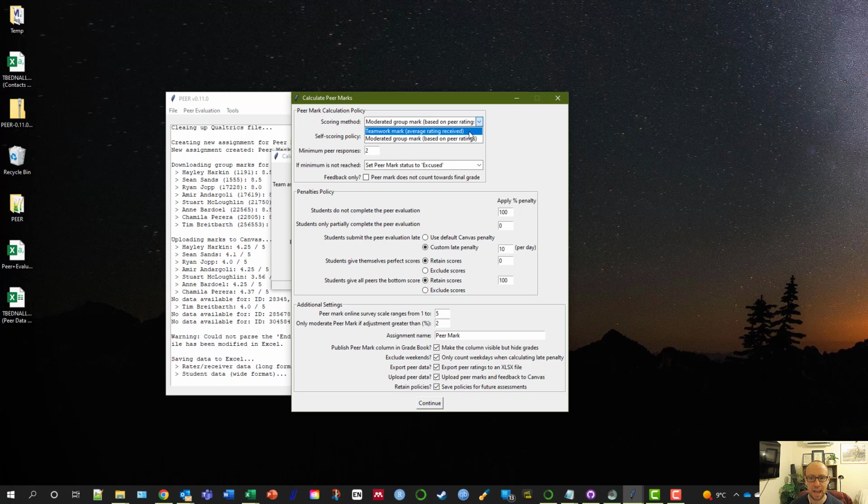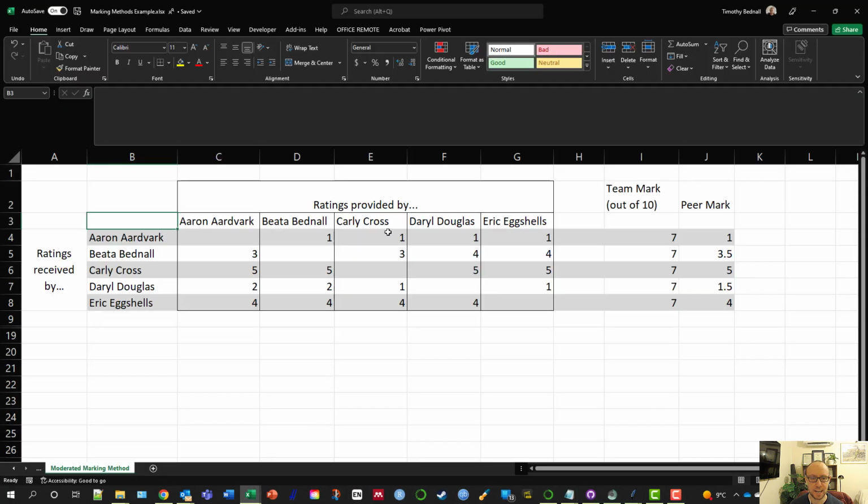The teamwork mark, or the average rating received, is the more straightforward method. So let's take an example. Imagine that you've got a group, and that group has 5 people in it. We've got Aaron, Beata, Carly, Douglas, and Eric. And this is a spreadsheet showing their peer ratings.